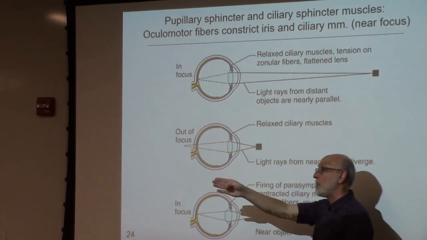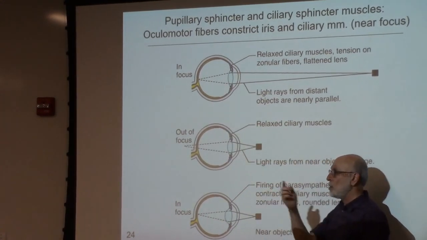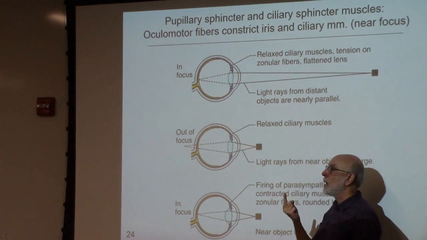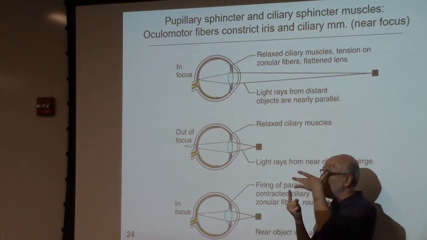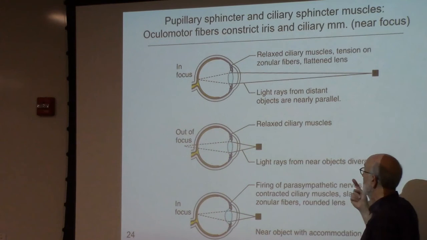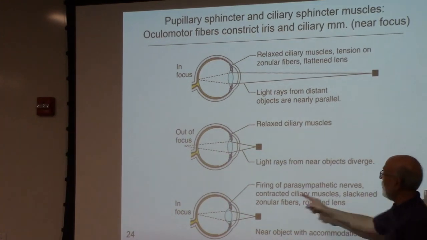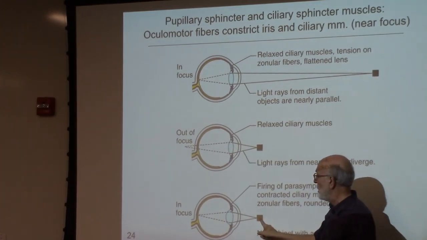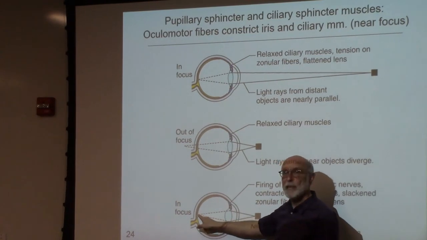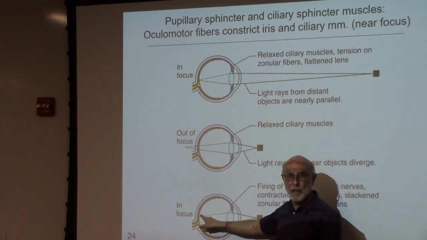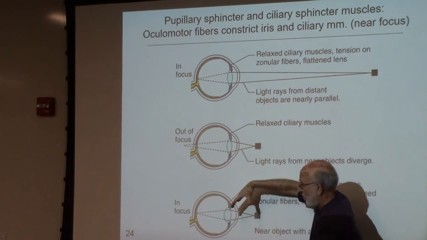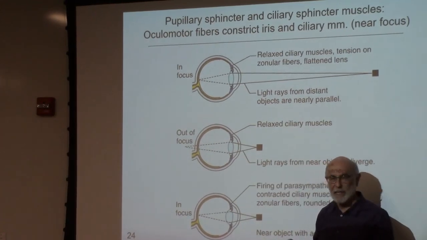But now I'm changing my focus from Bundy to my fingertip. This is my focus now. I'm focusing very close. Focusing on a close object, putting that image in focus on my retina requires a round, bulgy lens.